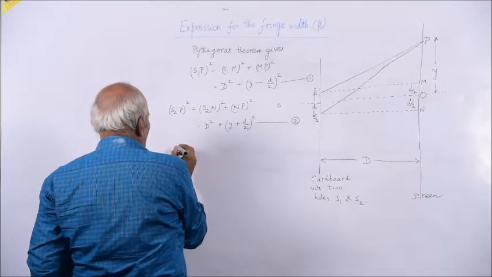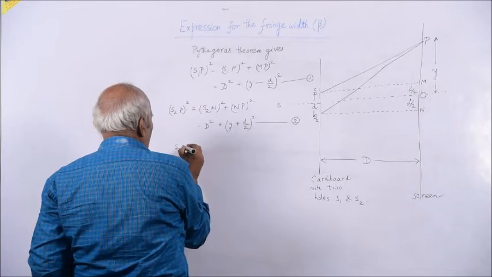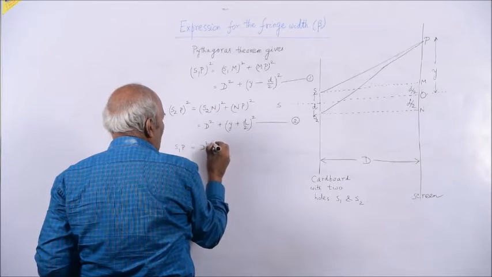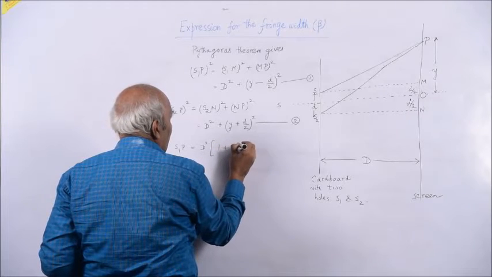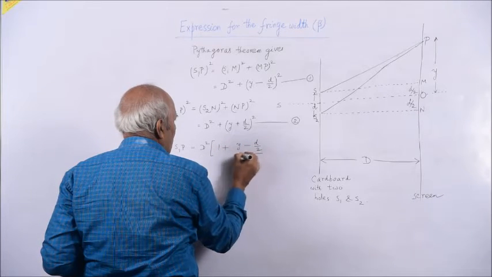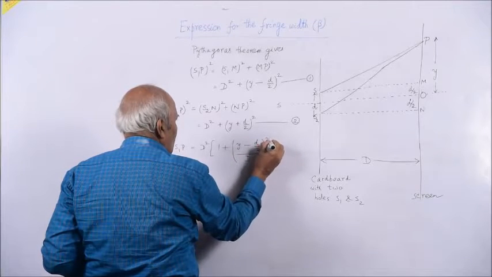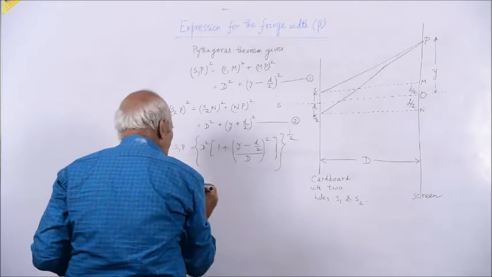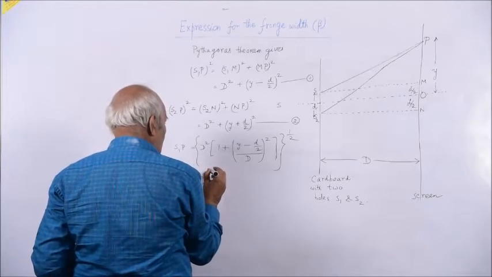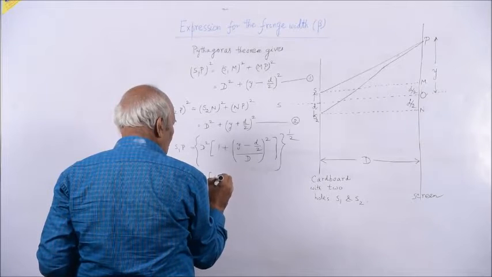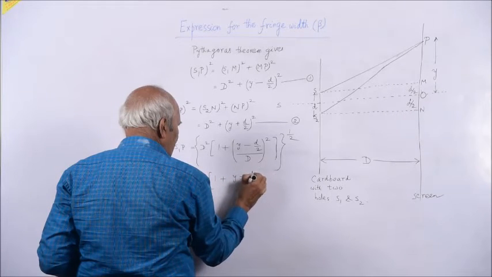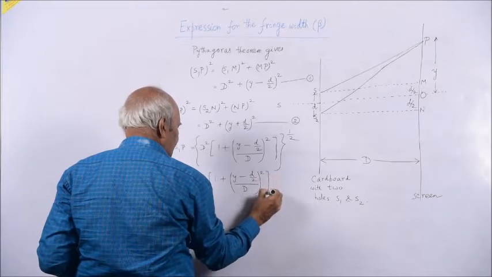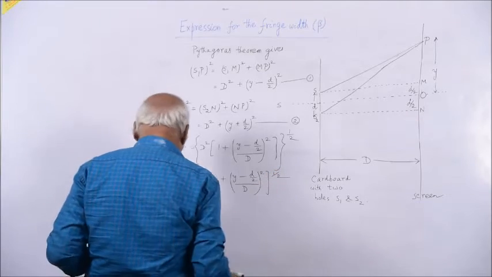So, S1P: suppose you take D square common, it is D times (1 plus ((y minus d by 2) by D) whole square) to the power half.